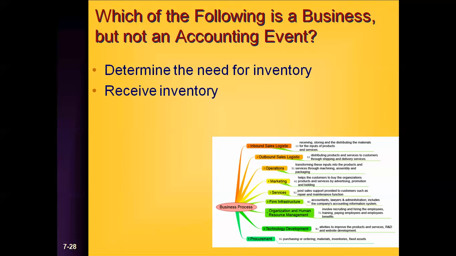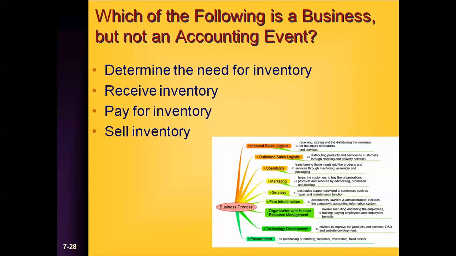Would that be a business event, or an accounting event? Let's try another one. You pay for the inventory. Would that be a business event, or an accounting event? And then you sell the inventory. Would that be a business event, or an accounting event?